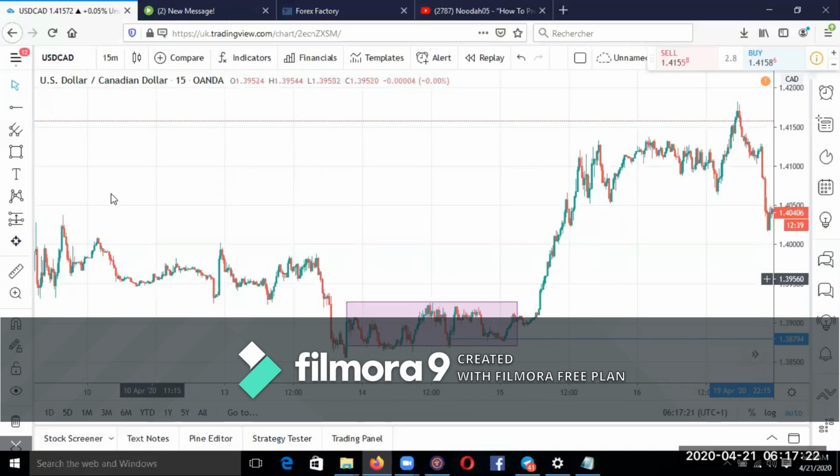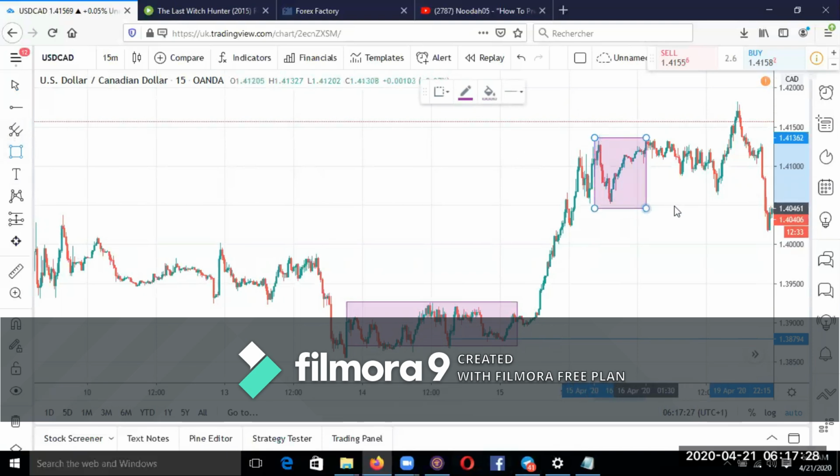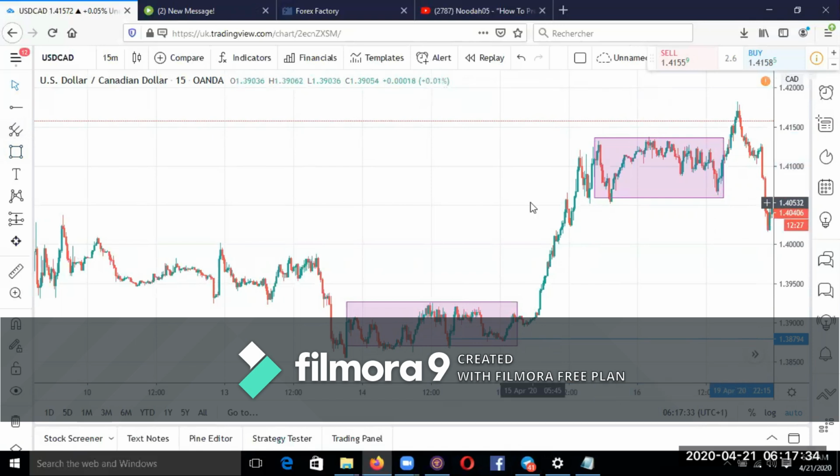I'm going to show you a bearish consolidation right now, still on this same currency pair. This is a bearish consolidation, right? You see the market consolidate, and you see it drops all of a sudden. What do we say? Retracement.